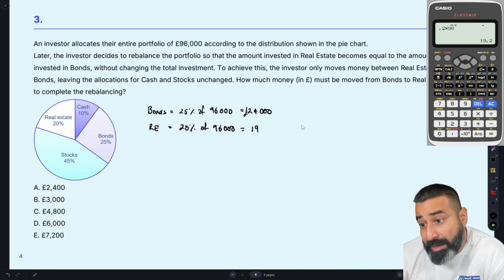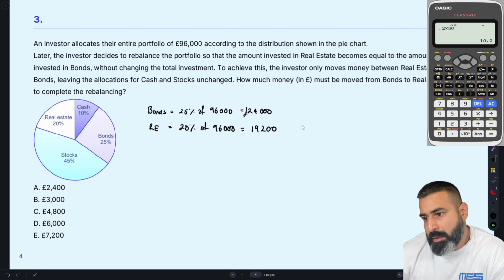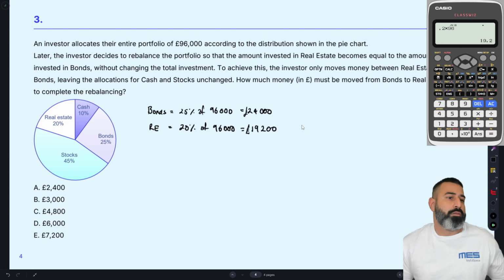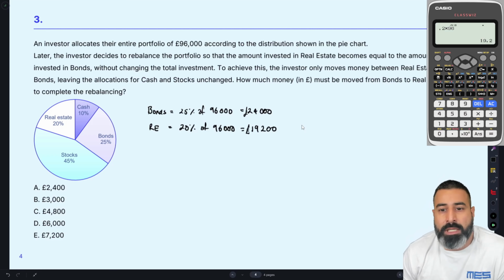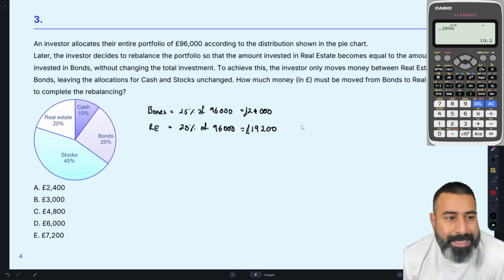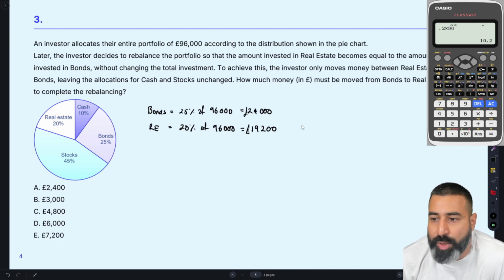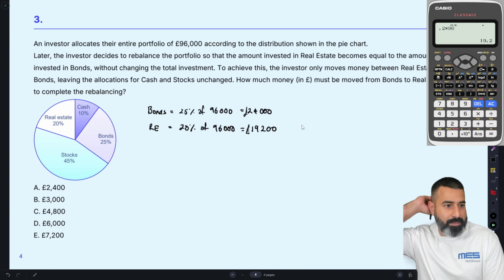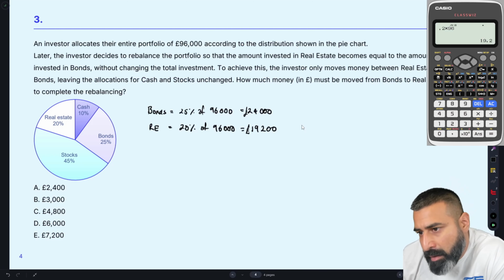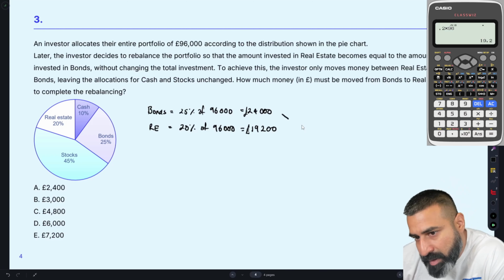So times by 1,000 is going to be 19,200. Okay, so now we've got the allocation of money in both of those categories. What we can do is find the midpoint between these two, okay? Because the midpoint is the halfway house between bonds and real estate.